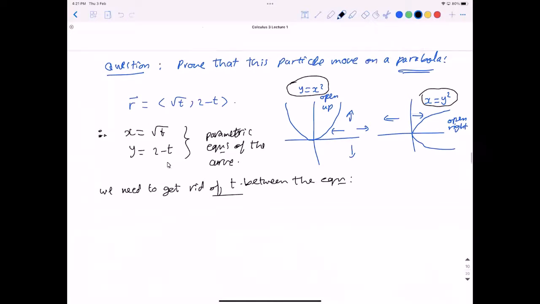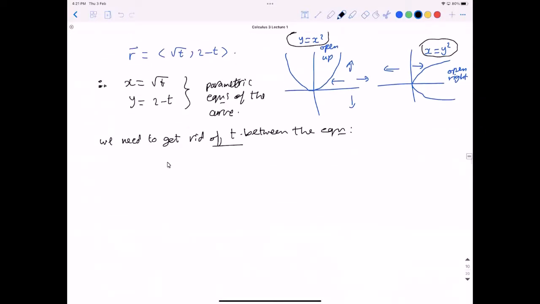Here it is easier. We need to get rid of t. So substitute what? Any idea? What is the relation between t and root t? If we square root t, it will be t. Exactly.